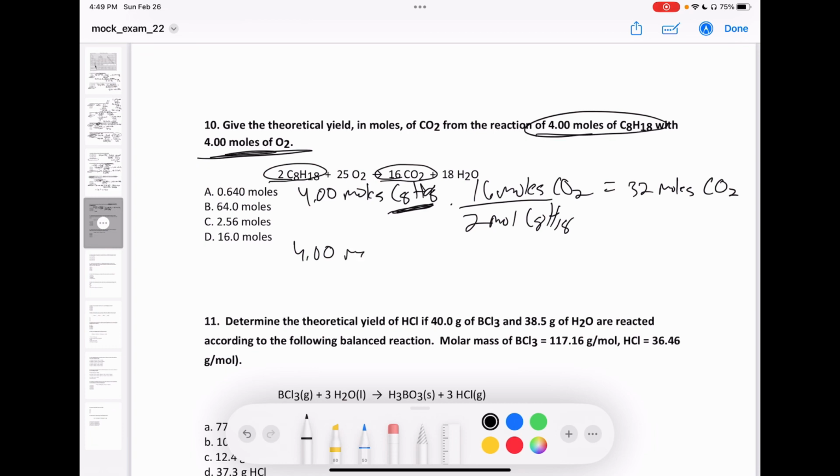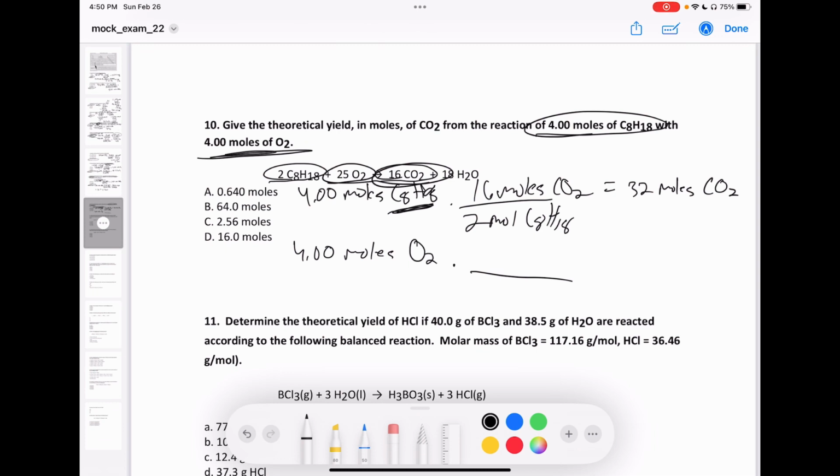4.00 moles of C8H18. Set this up exactly the same like we had it, but for this mole ratio, we're going to be using this and this. So that was my mistake. 4 moles of O2.